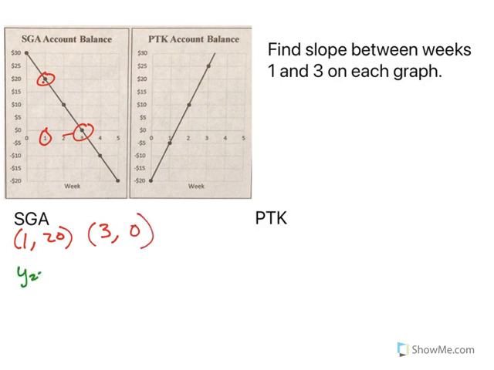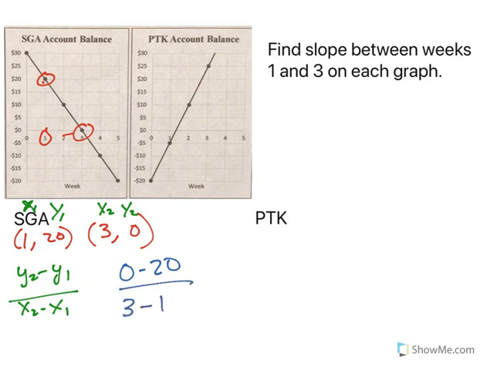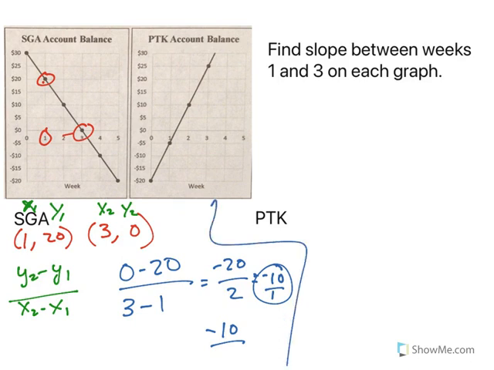So if I think y2 minus y1 over x2 minus x1, I'm going to go x1, y1, x2, y2. Plug in what I know. Let's substitute in the values. So 0 minus 20 over 3 minus 1. Negative 20 over 2, and that gives me negative 10 over 1, or negative 10, which is exactly the slope we found earlier. So I just wanted to show you how the formula works.